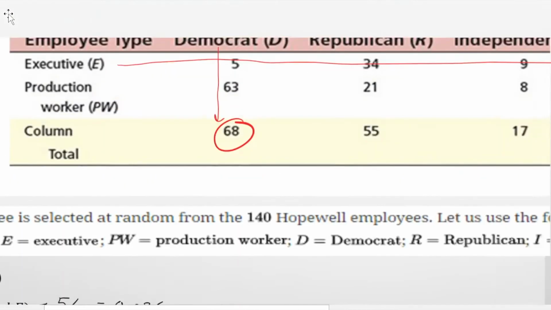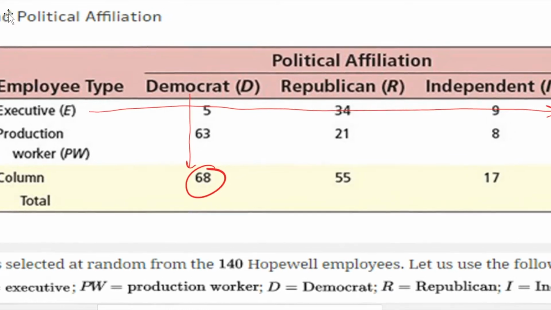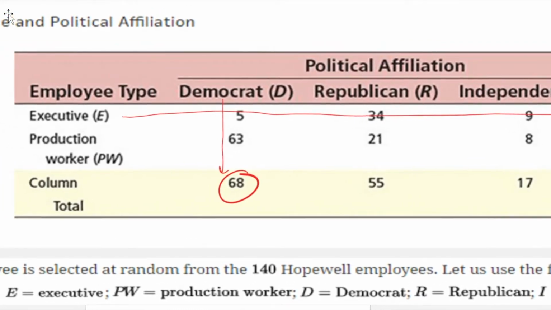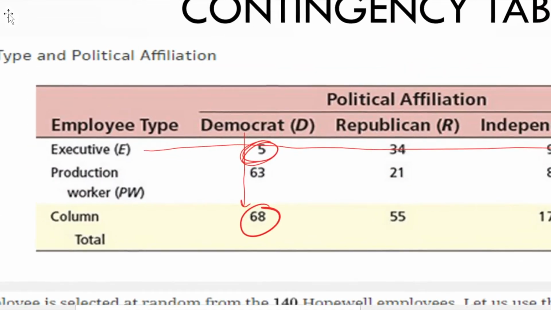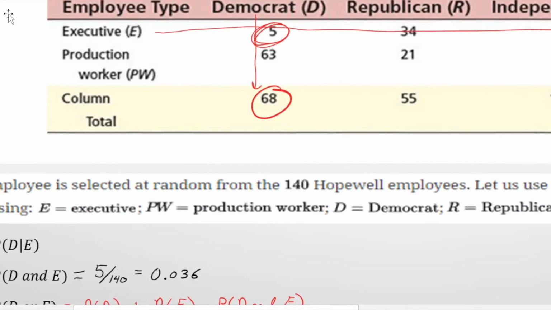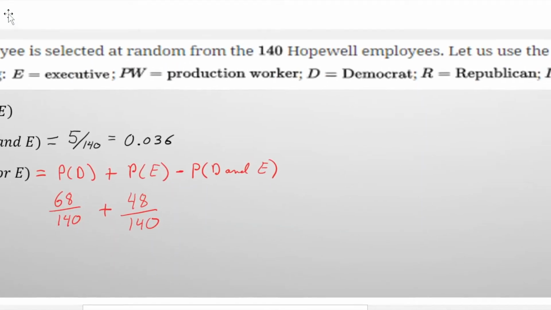If I'm looking at that table, are there people that are both Democratic and executive? How many? 5, right? So we already found this probability, but not all problems are staged like that. Since there is an overlap, I need to subtract that at the end. Because as you see here, it's being counted in both the executive row and the Democrat row. Because there's an overlap, that's why we need to subtract it at the end.